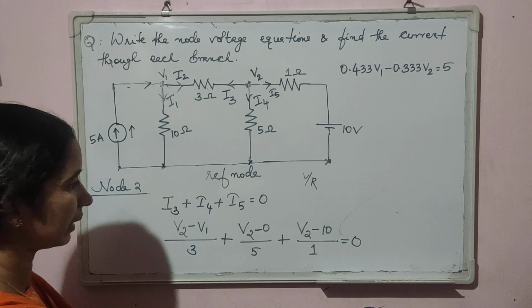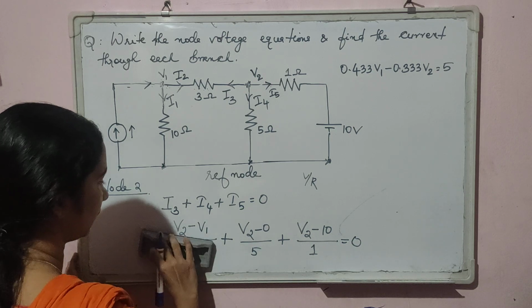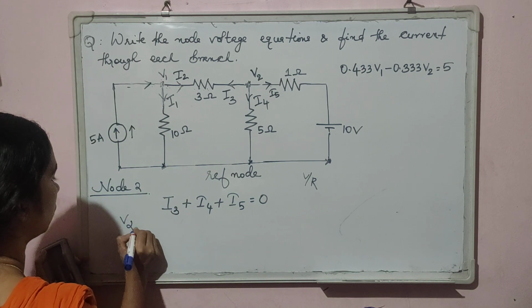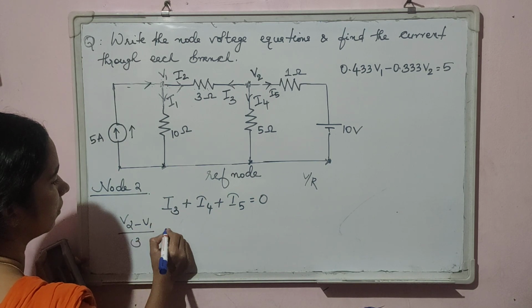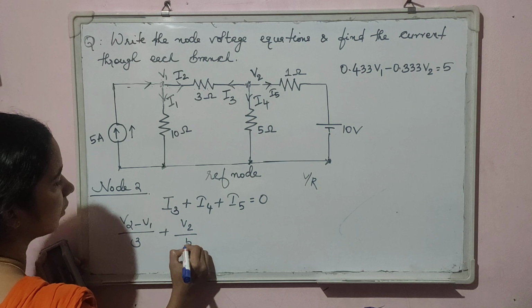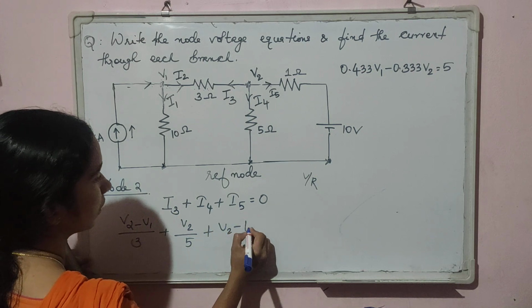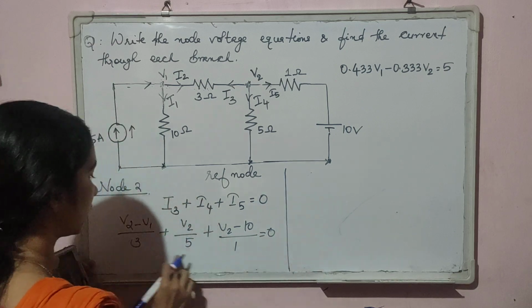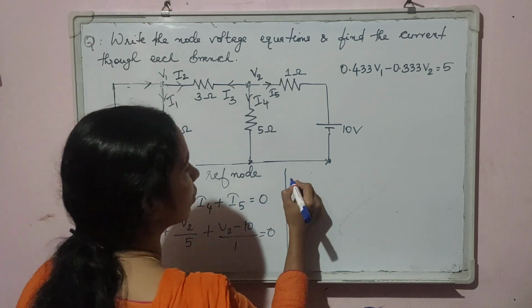Now let us simplify the equation. I am taking V2 as common outside.